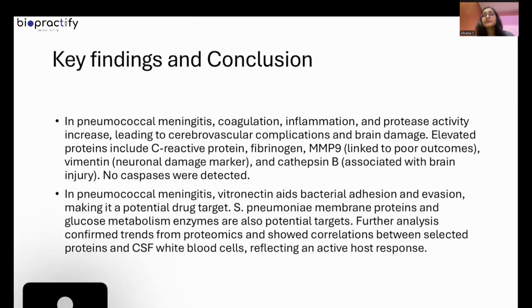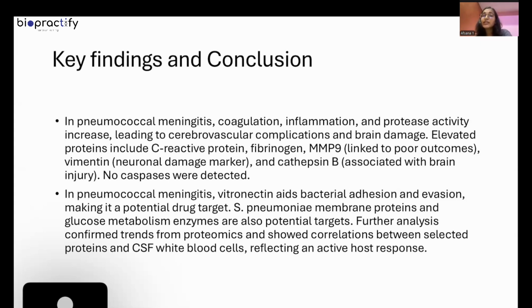Let's discuss some key findings and conclusion. In pneumococcal meningitis, coagulation occurs in the blood, and inflammation of tissues and of the brain cells could be seen, and various protease activity takes place. All these things lead to cerebrovascular complications and ultimately the brain gets damaged, leading even to death.